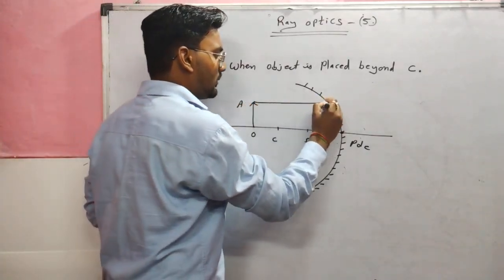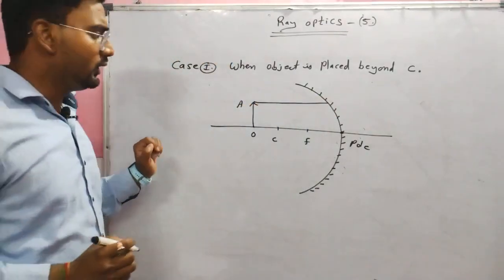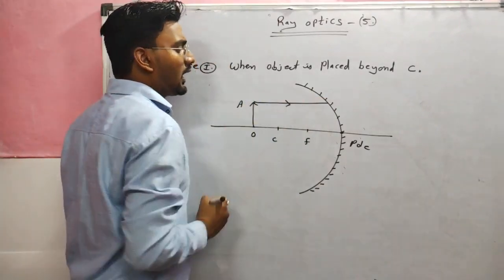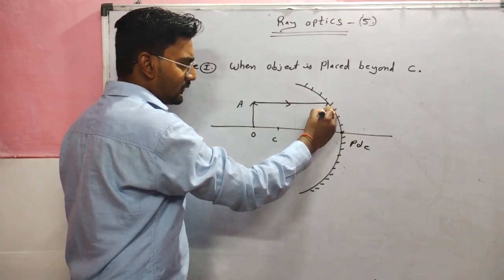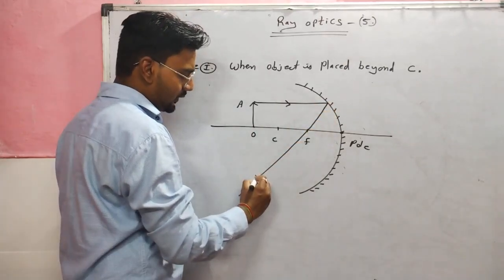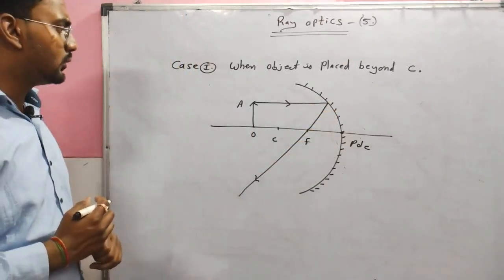So first of all we are taking the first ray, and the first ray is coming parallel to the principal axis, then after reflection it will pass through the focus. This is our rule number first.